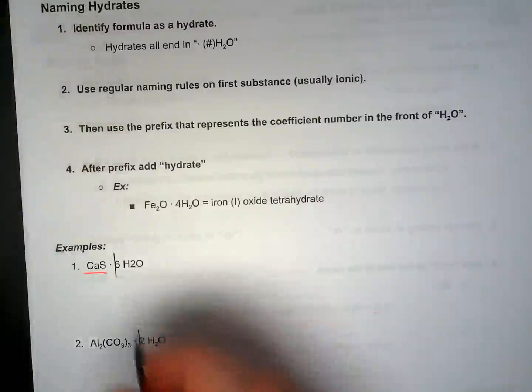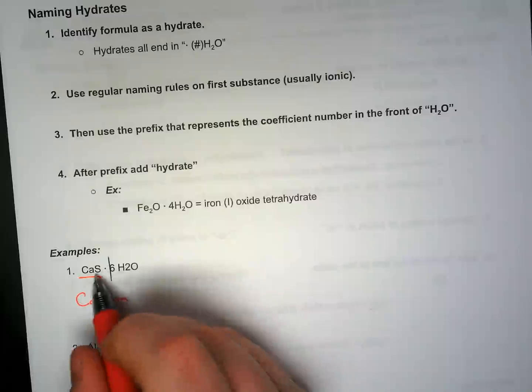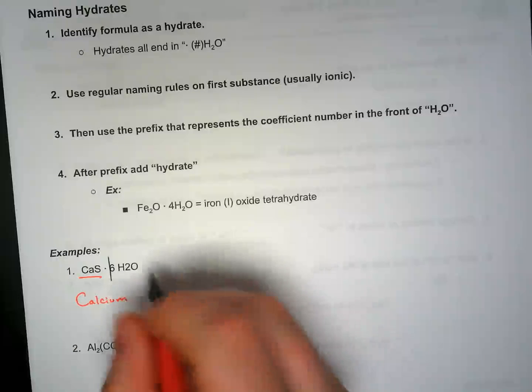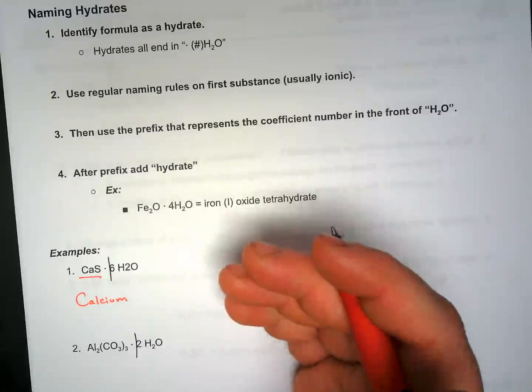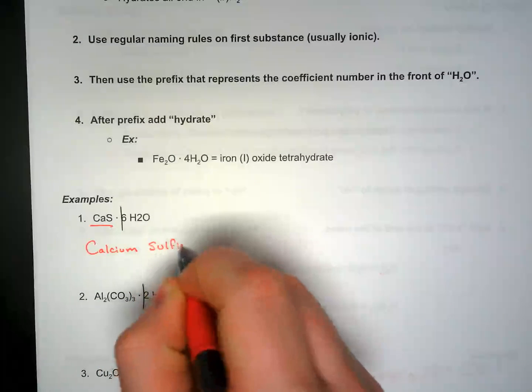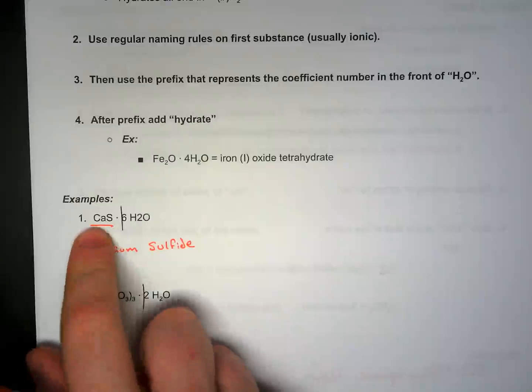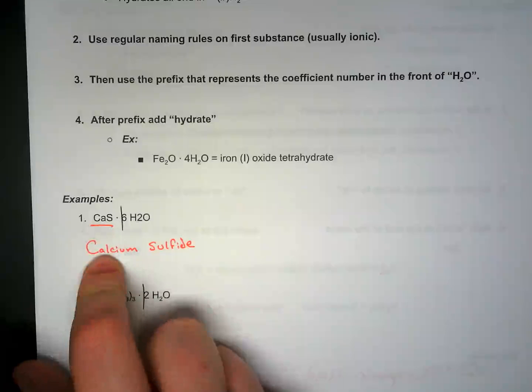So CaS, that's going to be calcium. Now again, because it's an ionically bonded compound, it's going to be calcium and then sulfide, calcium sulfide. Hopefully by now you can just look at them and know that the first one is going to be normal, so calcium.